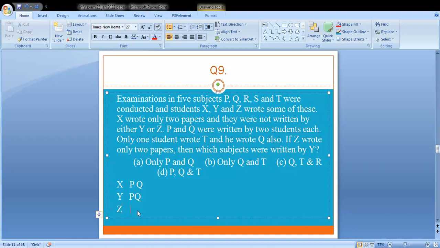If we take Z as the student, only one student wrote T, he also wrote Q, or you can put it even for Y. Because it's clearly telling that X wrote only two papers, we cannot put it for X. Z wrote only two papers.